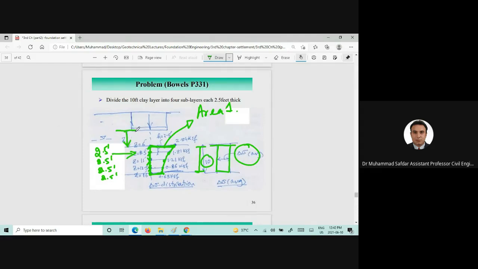So this would be Z1, and for the second point, this one would be Z2, Z3, Z4, and then Z5. So Z1 is equal to 6 feet, and Z5 would be equal to 10 here and 6 feet here, 16 feet.